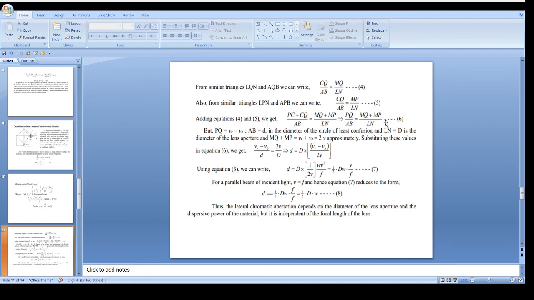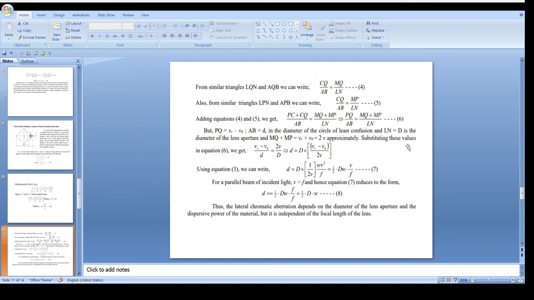This is the sixth equation. Here VR minus VB we can put as PQ. AB equals small d, the diameter of the circle of least confusion, and LN equals capital D, the diameter of the lens aperture, and MQ plus MP equals VR plus VB, approximately equal to 2V.